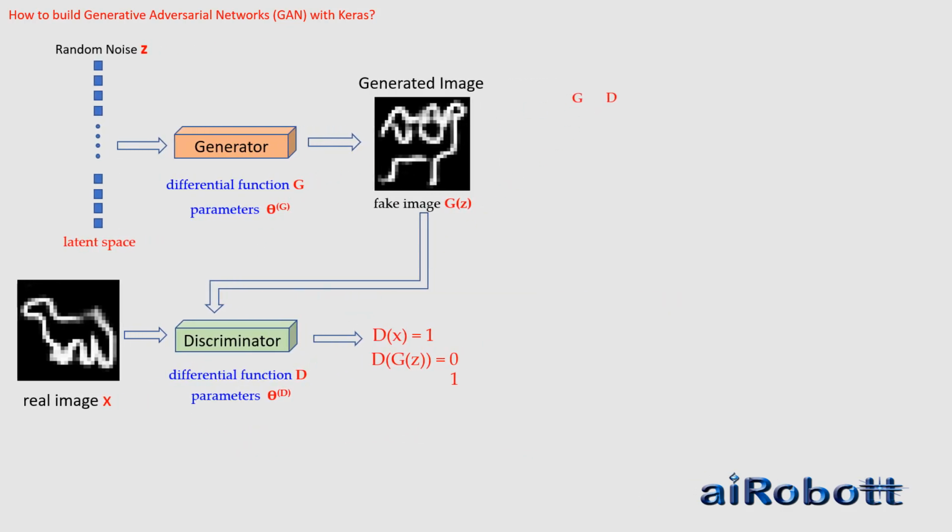Both these functions G and D have cost functions J that are defined in terms of both network parameters.